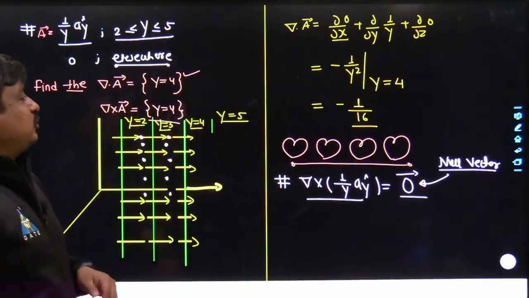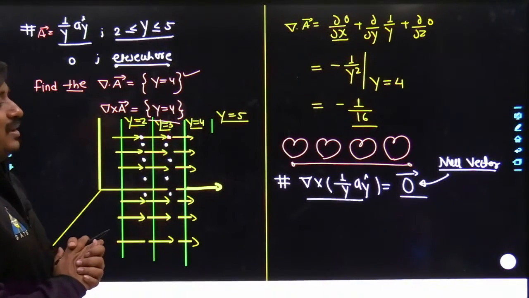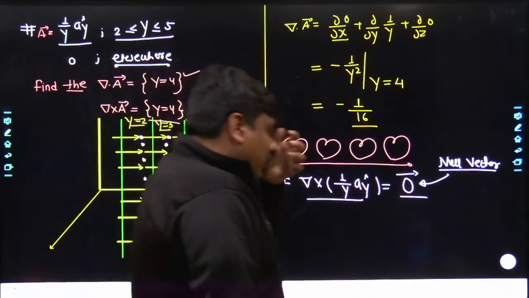So probably till this point, you could have figured out the basic concept of the divergence. Now I would go ahead with the next example, and there we would try to understand the basic concept of the gradient. Tell me if you know a bit about the gradient.